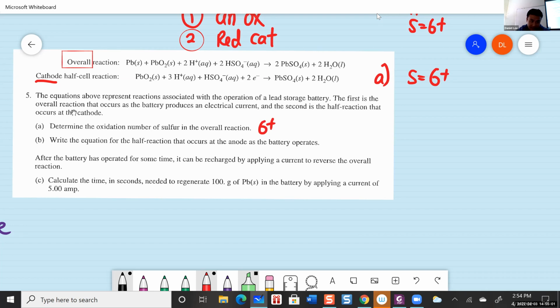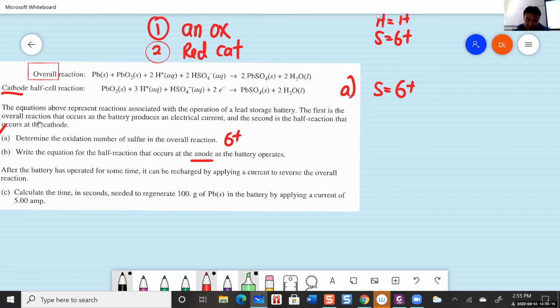One point for that. Write the equation for the half reaction at the anode. That's Hess's law. To show work, you have to show some kind of Hess's law for your understanding. I'm going to show that the cathode and anode add up.